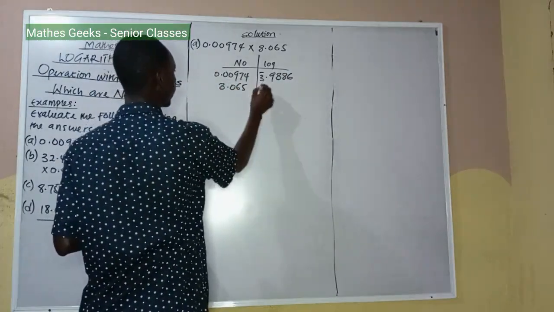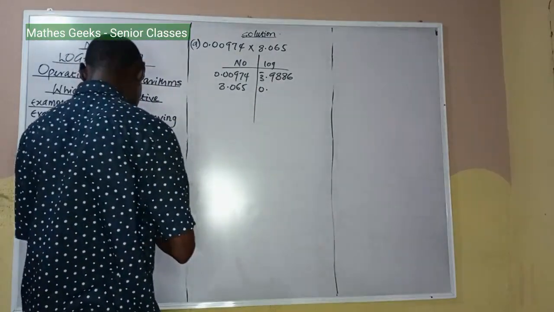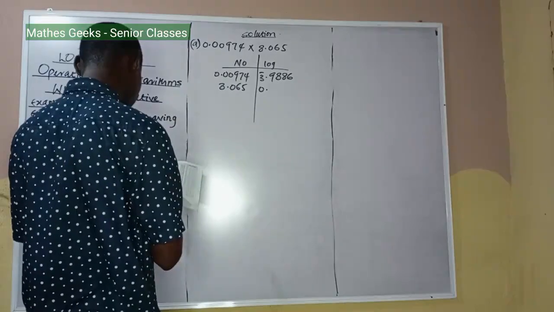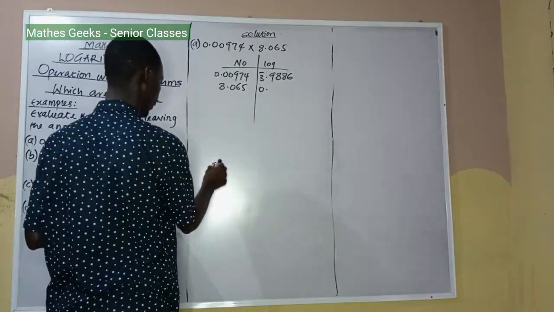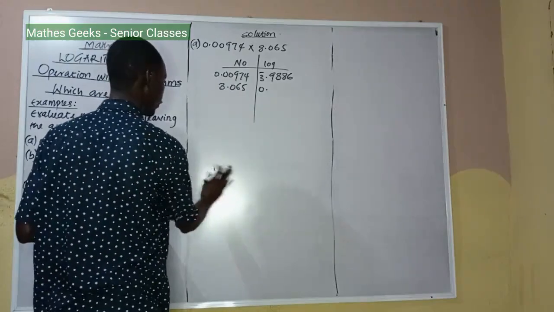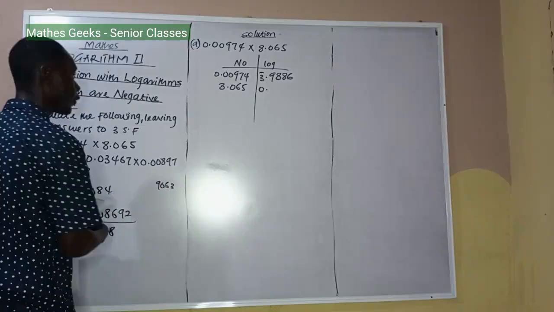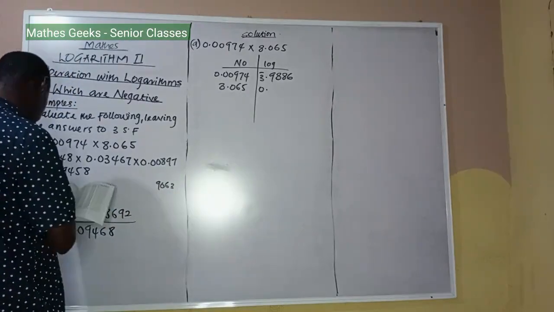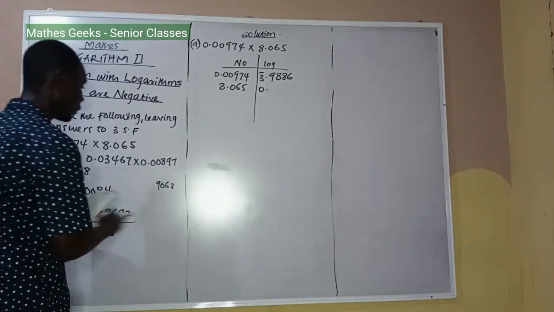8.065. The characteristic is 0. So 80 under 6 is 9063. I'll write it here: 9063. Difference 5 is 3.